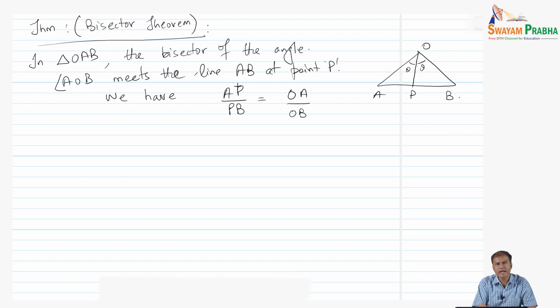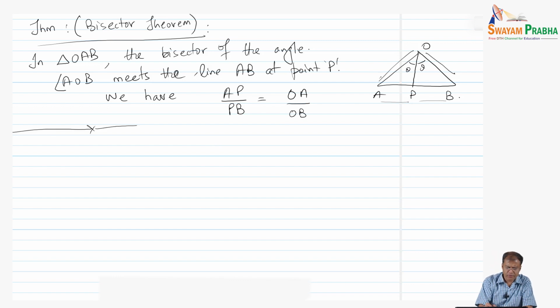So what this result says is that the ratio AP over PB is the same as the ratio OA over OB, and that is what the bisector theorem says. Listeners can quickly find the proof of this result starting from the two problems that we have done previous to this result.